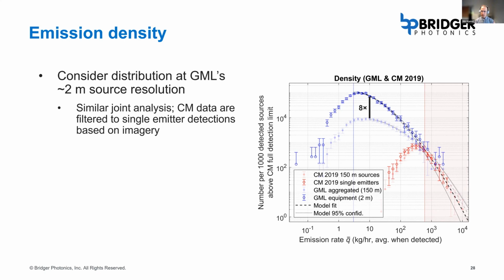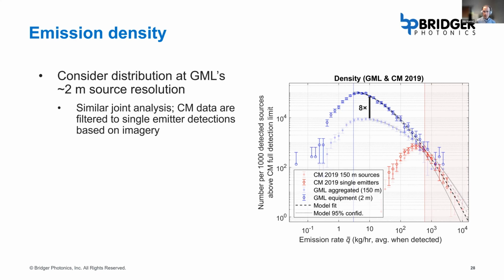Their data set comes with plume imagery that is, for some sites, rather complicated, and you can see multiple point emitters, and in some cases it's really questionable. And sometimes you just see one point emitter on a site, and it's pretty obvious just from the way that the plume is shaped that there's one emitter on the site. So we've taken that set of images to create their distribution for 2-meter source resolution.